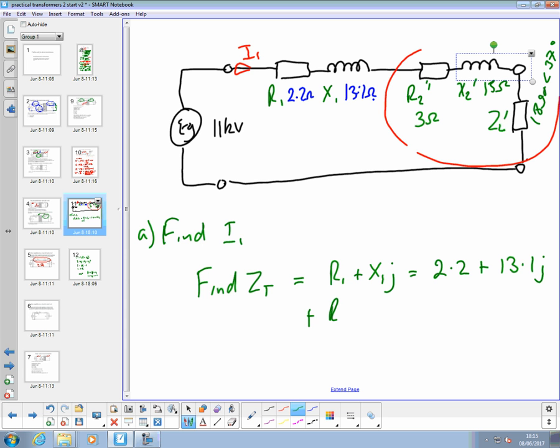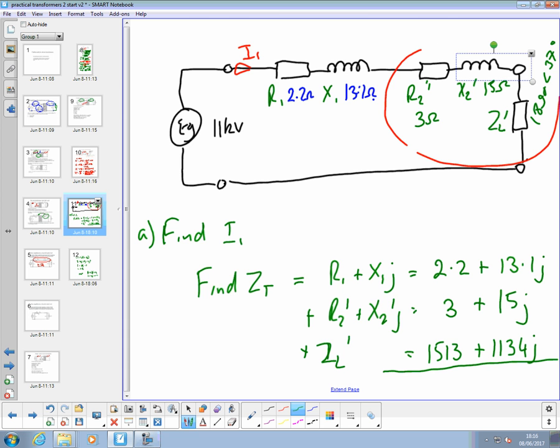So this is equal to R1 plus X1J, that is 2.2 plus 13.1J, plus R2 dash plus X2 dash J, that's 3 plus, is that 15? 15J, plus ZL dash, which is 1513 plus 1134J.